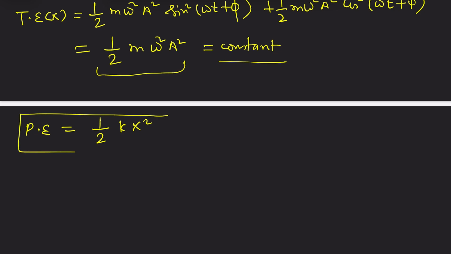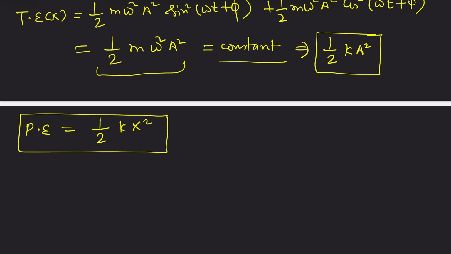From here we can also see that m omega square is equal to k only, so the total energy will be written as half k a square, where a is the amplitude, and k is the constant that was there in the force equation, F is equal to minus k x. So that is the k. Don't confuse yourself with the spring constant. It can be the spring constant in the case of a spring block system, but not always.